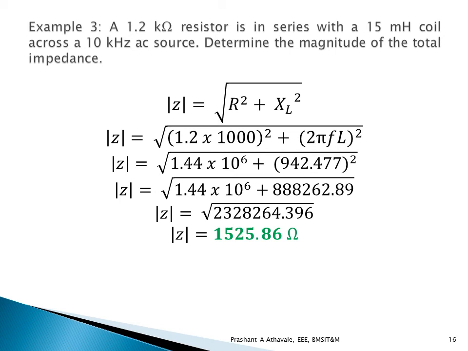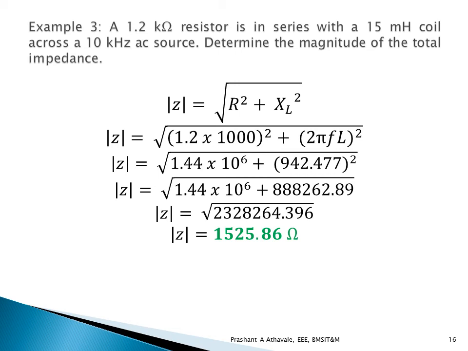So magnitude of the impedance depends on the value of the resistance as well as the inductive reactance. And inductive reactance in turn depends on the inductance and the frequency of the supply. So here the frequency of supply is 10,000 hertz or 10 kilohertz.